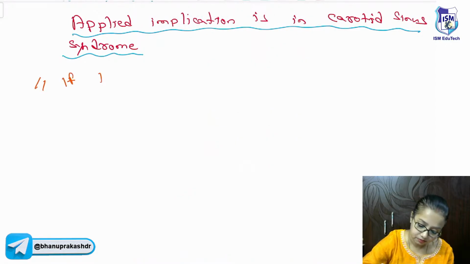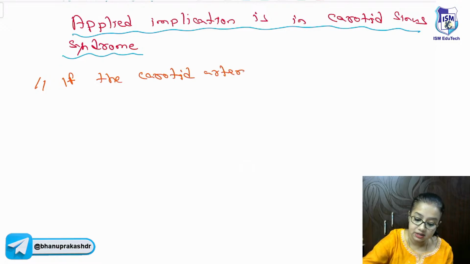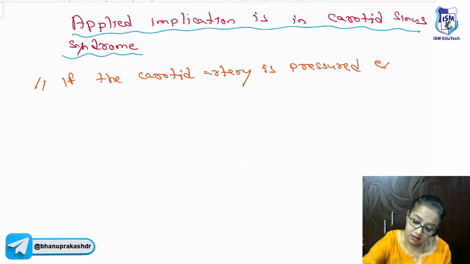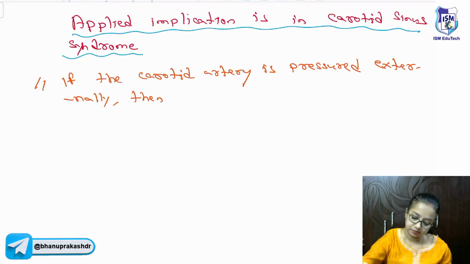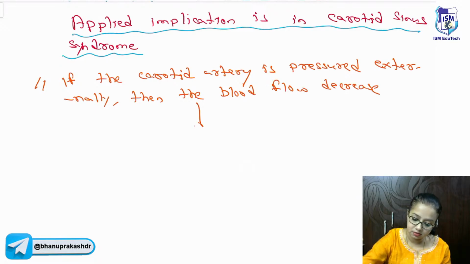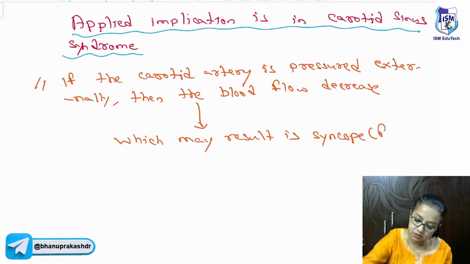If the carotid artery is pressurized externally, then the blood flow decreases, which may result in syncope, which means fainting of a person.